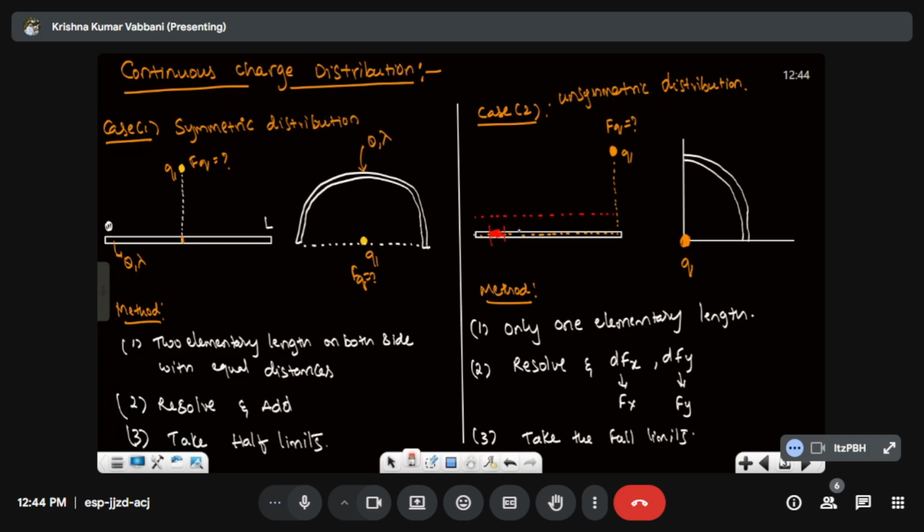Okay, Nandi? So I can find my force at this point, or at this point, or at this point. Like this, at each and every point I am able to find it.